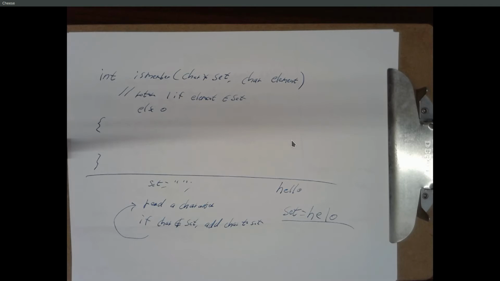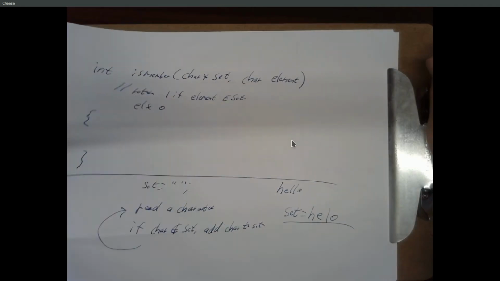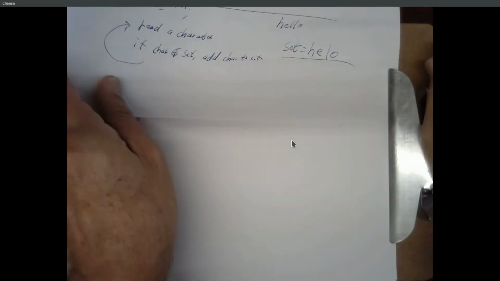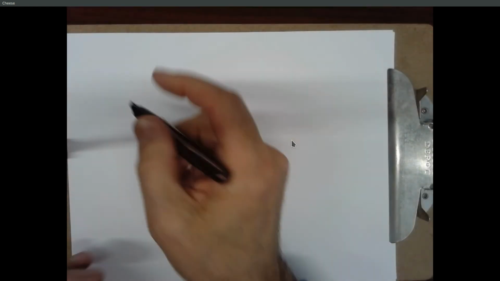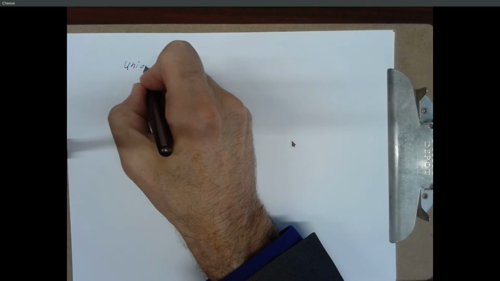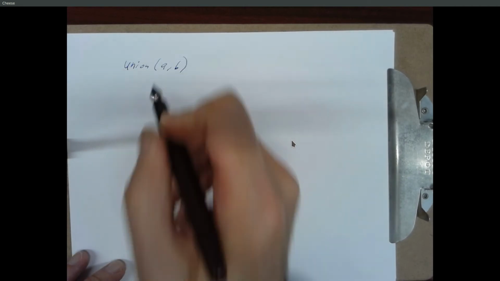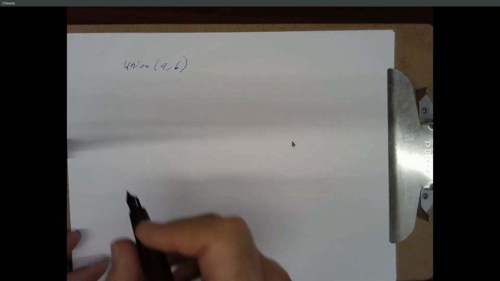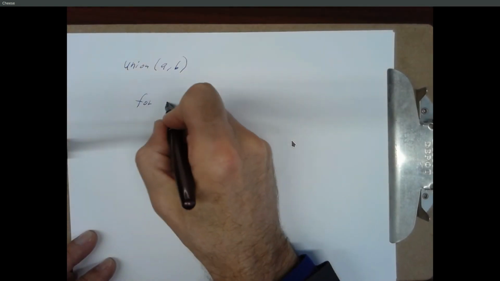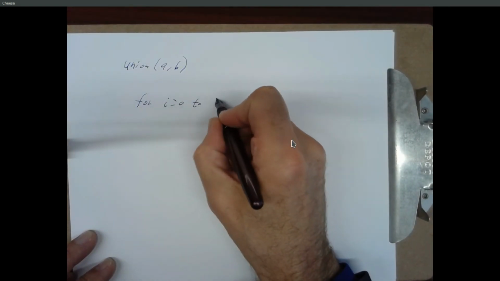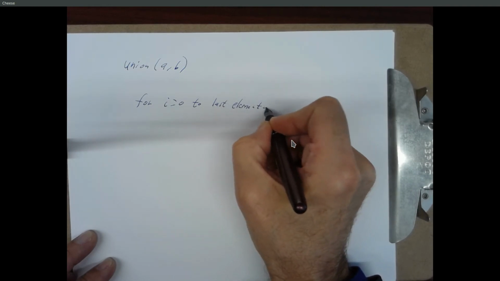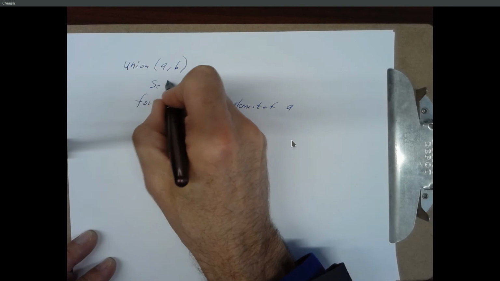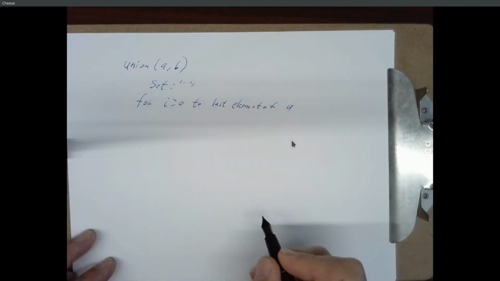So how do you do the union? You've got two sets, A and B. Well, make an empty set.